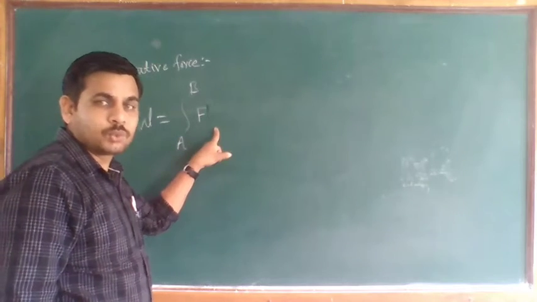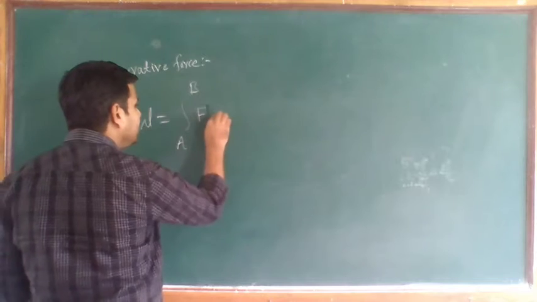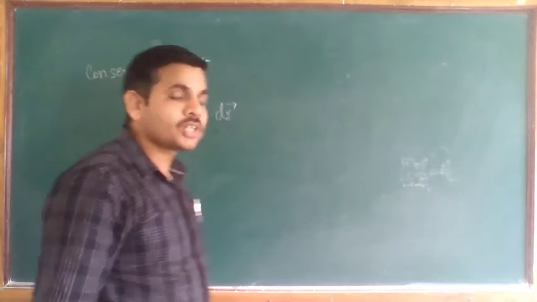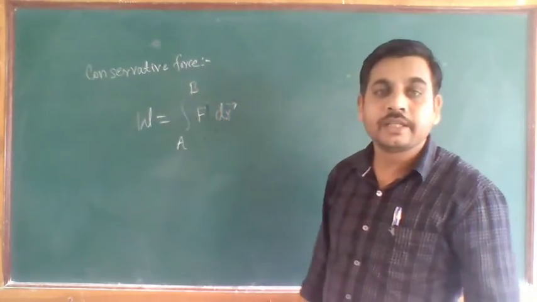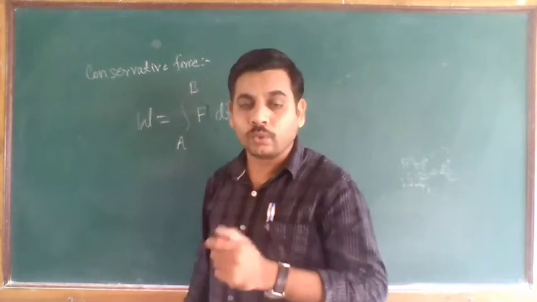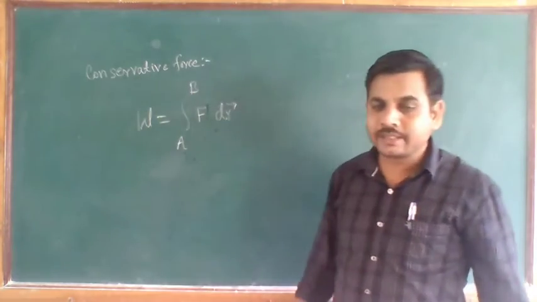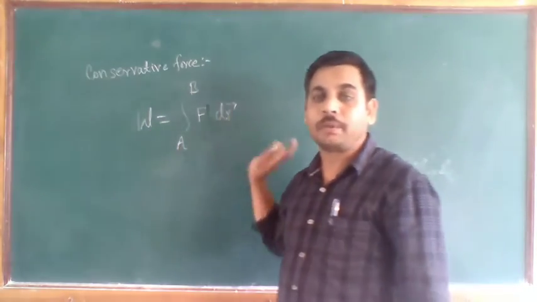If you apply this force F to the object and the object is displaced by a distance dr, the integration of F dot dr from position A to B gives the total work done. In general, this work done depends on the nature of the path.